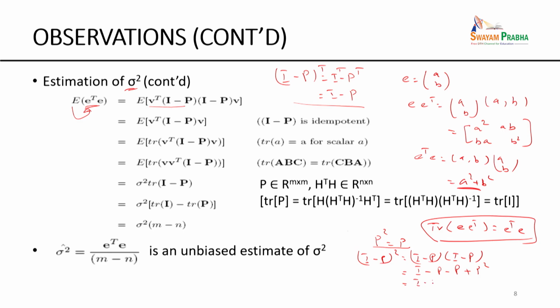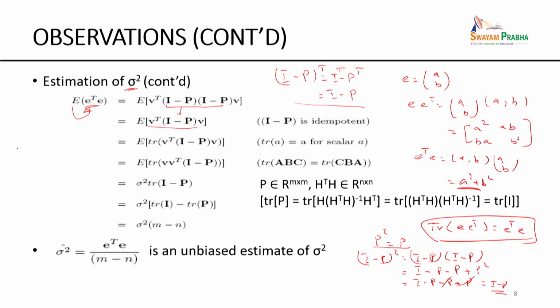Therefore, it is equal to I minus 2P plus P. These cancel, and this is I minus P. So if P is idempotent, I minus P is also idempotent. Therefore, I minus P square becomes I minus P. So we have V transpose I minus P times V. This is a scalar.